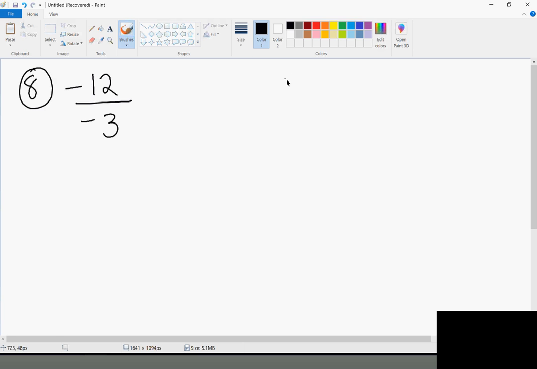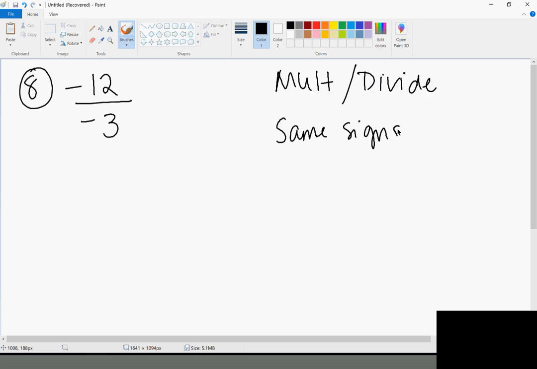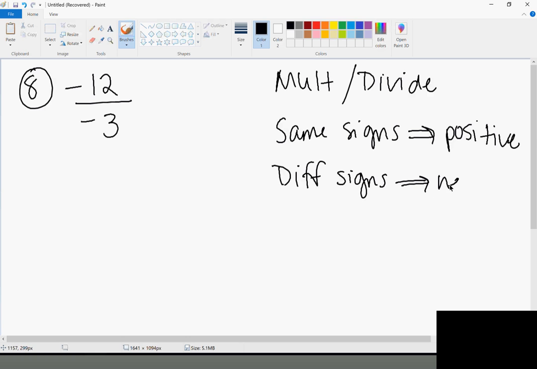Okay, so when you multiply or divide integers, when they are the same signs, the answer is positive. If they are different signs, the answer is negative.